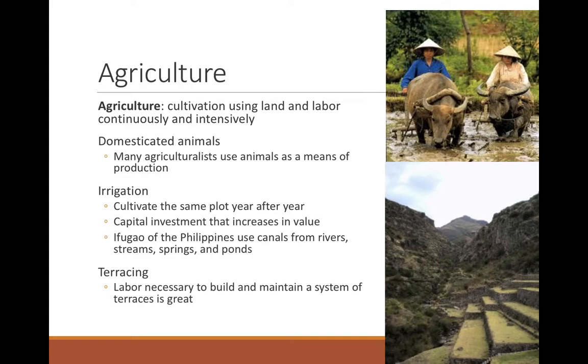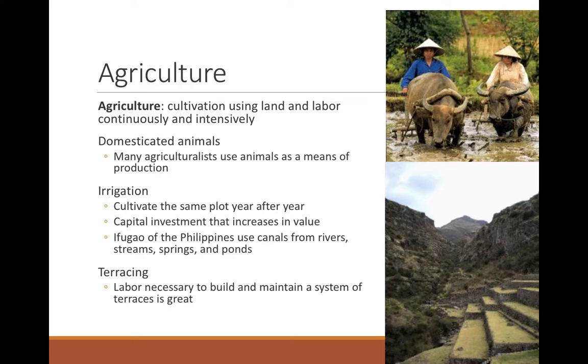Livestock will pull the plow and trample the fields, tilling in the dirt, mixing the dirt together. Livestock also, as they're walking, tend to poop. So what does that do? Well, that introduces fertilizer into the land that then gets tilled right into the soil as that plow is dragged through it.